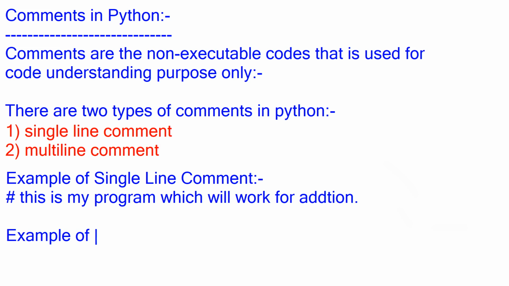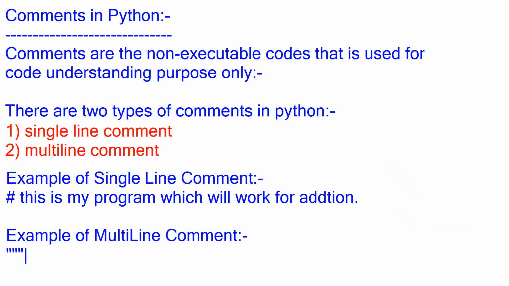For multi-line comment, example of multi-line comment. Multi-line comments can start with three single quotes or three double quotes, single inverted comma three times or double inverted comma three times.